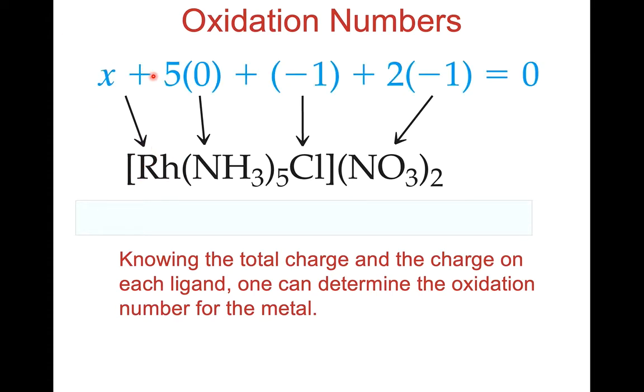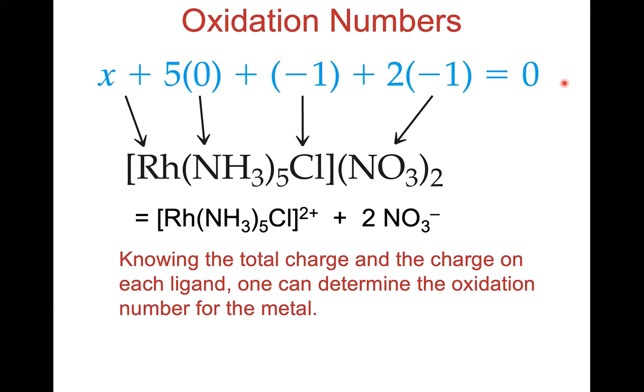Okay, so X plus 5 times 0 for this ligand, plus 1 times -1 for the chloride, plus 2 times -1 for the nitrates must be equal to 0, and so the charge on the rhodium has to be 3 plus, so that this whole thing is neutral. 3 plus 0 -1 -2 gives us 0 overall.